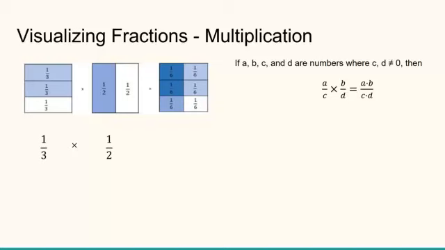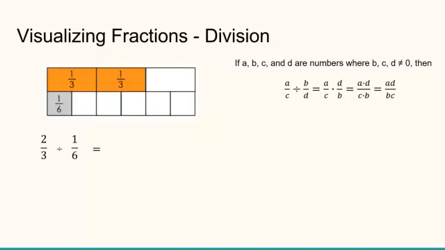If I lay those two blocks on top of each other, what I'm looking to find is 1/2 of 1/3, basically. And when you lay those blocks on top of each other, you would see that that is 1/6. So just buzzing that across, 1 times 1 over 3 times 2 is 1/6.